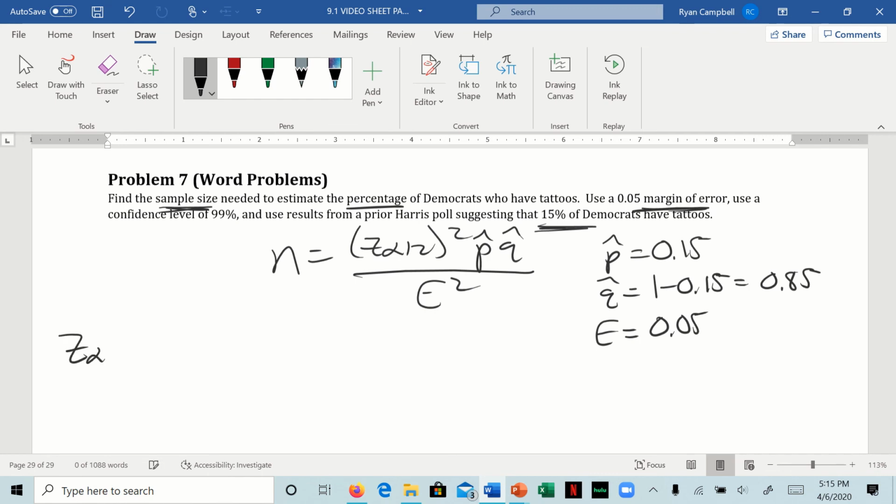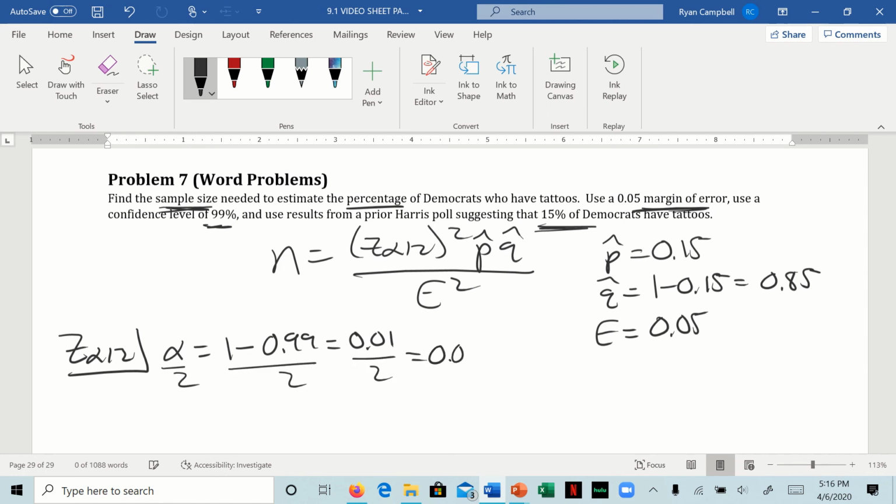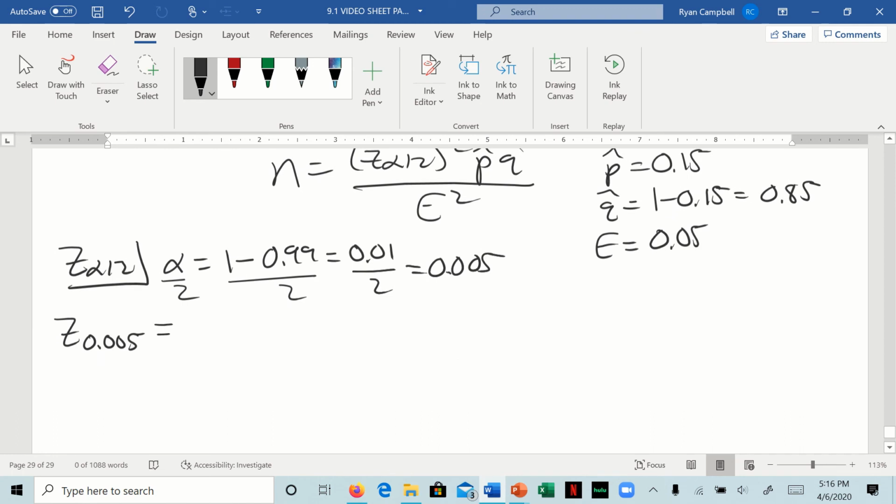All right, so last up, critical value. Remember, alpha is 1 minus your confidence level. Confidence level is 0.99. So 0.01. We don't care about alpha, we care about alpha divided by 2. So just divide everything by 2. So we want the critical value of 0.005. So remember, that's not going to be the top 5%. That's going to be the top 0.5%, right?